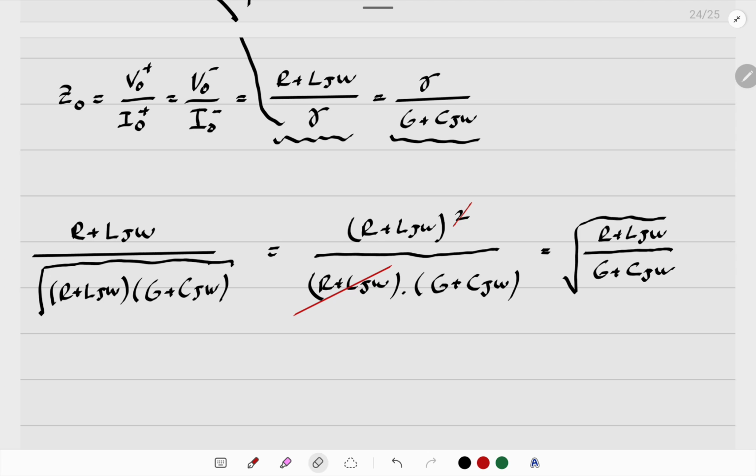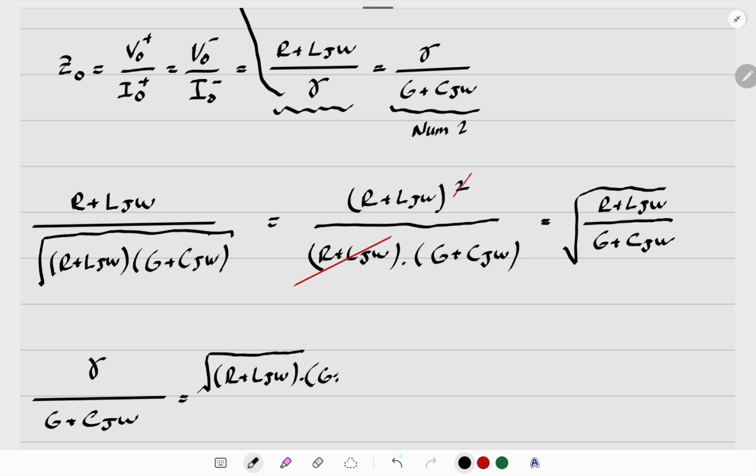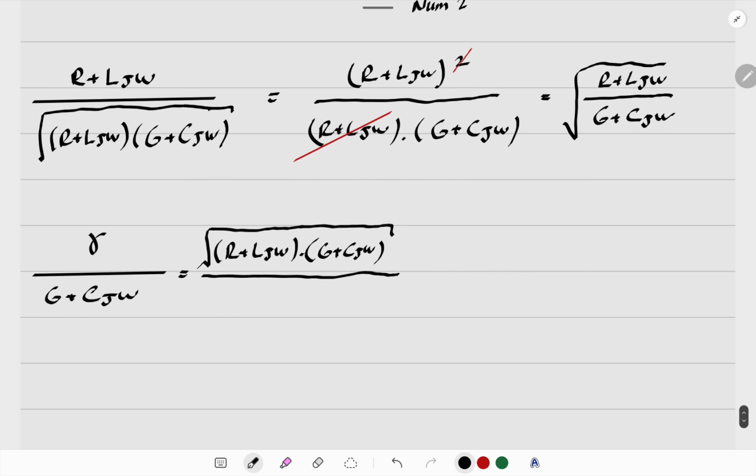All right. Also, let's go for the last time for this number 2. Sorry. G plus cj omega is equal to, same approach, lj omega over g plus cj omega.